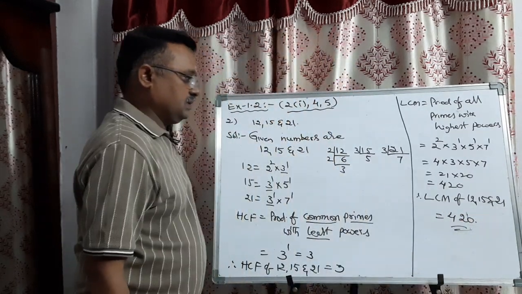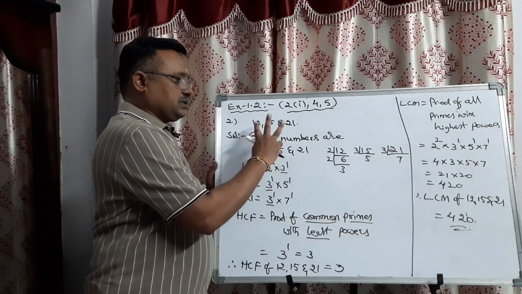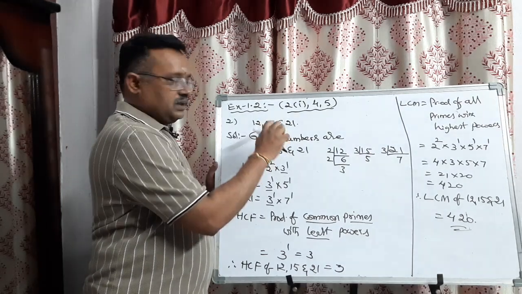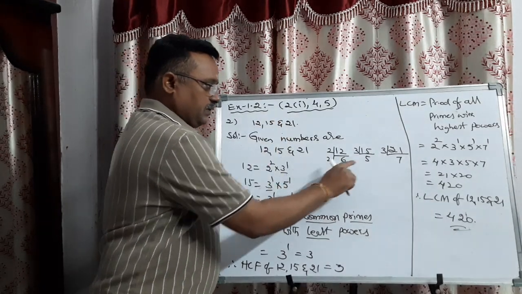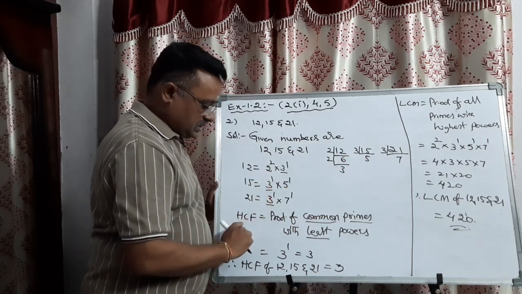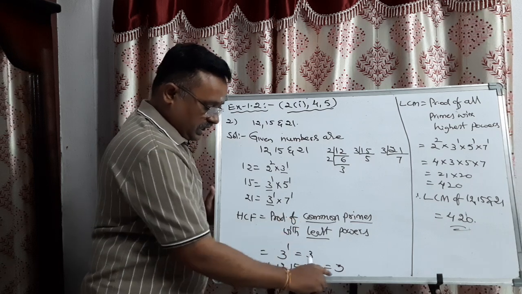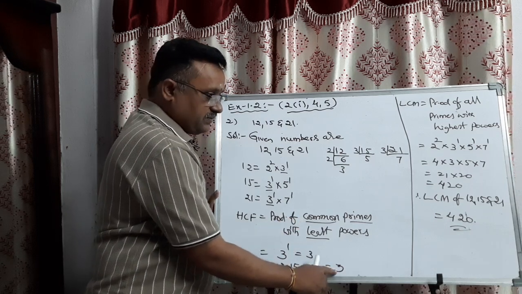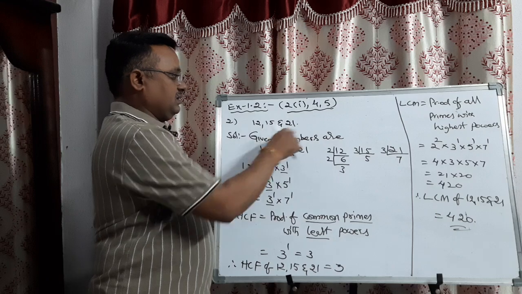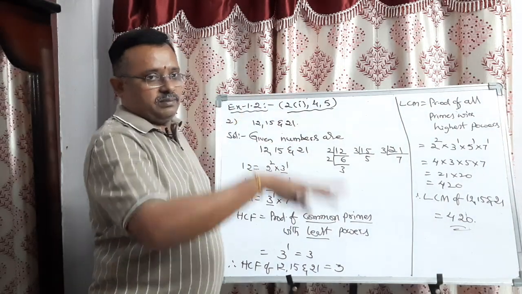Okay? Right. Now, once again, please observe the given three numbers 12, 15, 21. By doing prime factorization, HCF is calculated by applying the rule, and we got 3. This HCF is less than all the numbers, sometimes it may be equal to the least number.